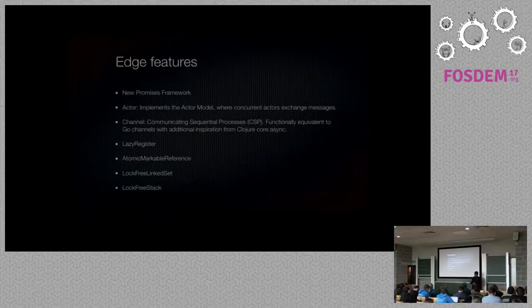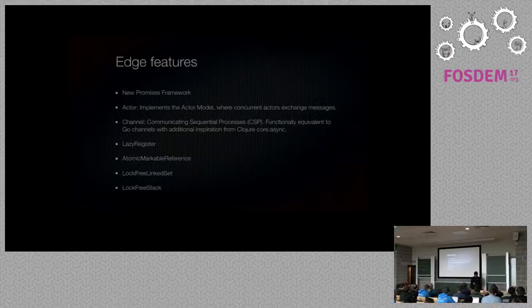It's part of concurrent Ruby, but for these features you have to require the library with concurrent edge. Instead of require concurrent, if you require concurrent edge, you get these edge features. These are not fully complete, but some of them, like promises, which is almost stable, are going to be merged into the concurrent stable version. But some of the abstractions you saw are going to get replaced with these edge features.